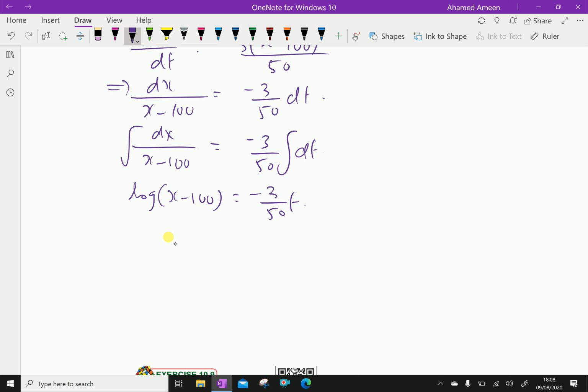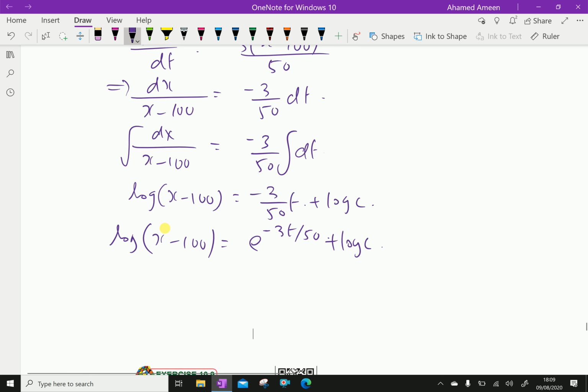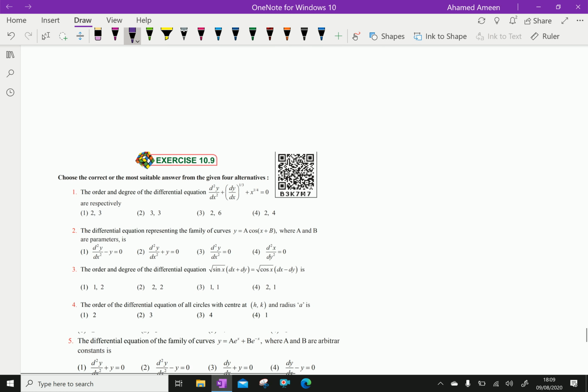So by taking e power, x minus 100 equals e power minus 3t by 50 plus log c. Therefore, we can say this is log.